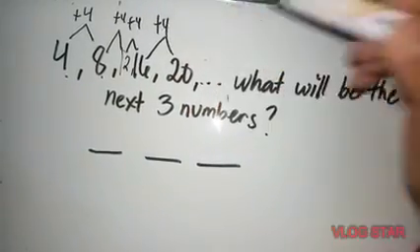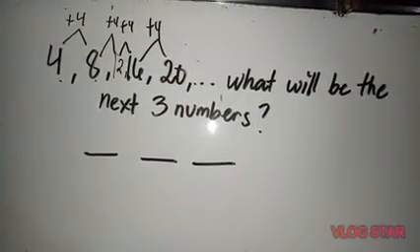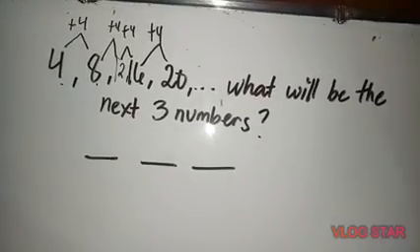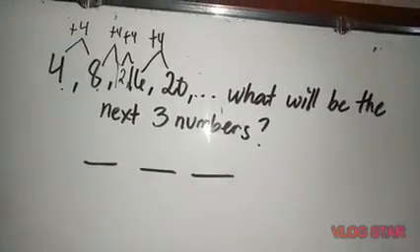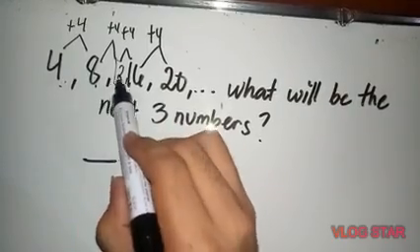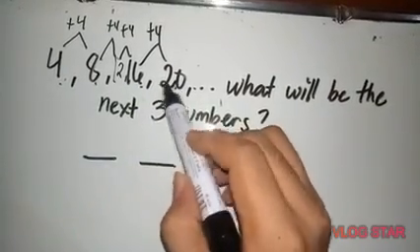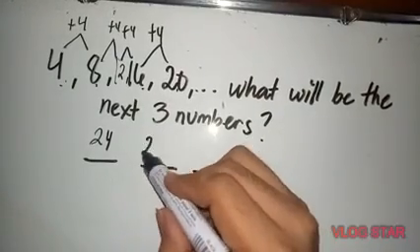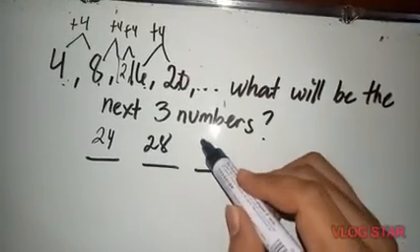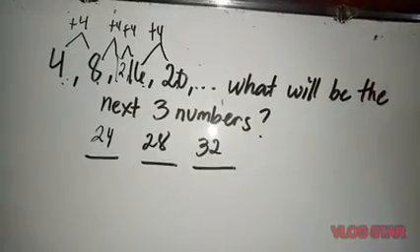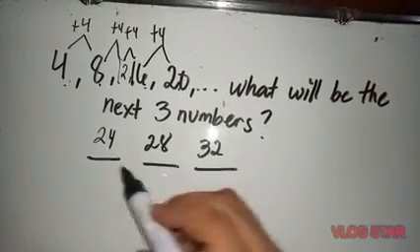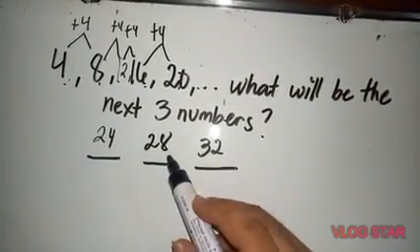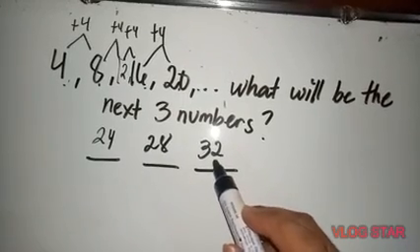Or we can say that it is also multiples of 4. So 4, 8, 12, 16, 20. 20 plus 4 is 24. 24 plus 4 is 28. 28 plus 4 is 32. So the next three numbers are 24, 28, and 32.